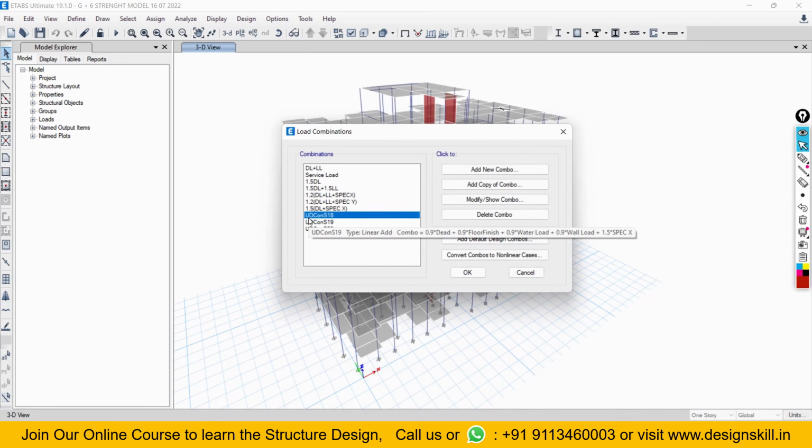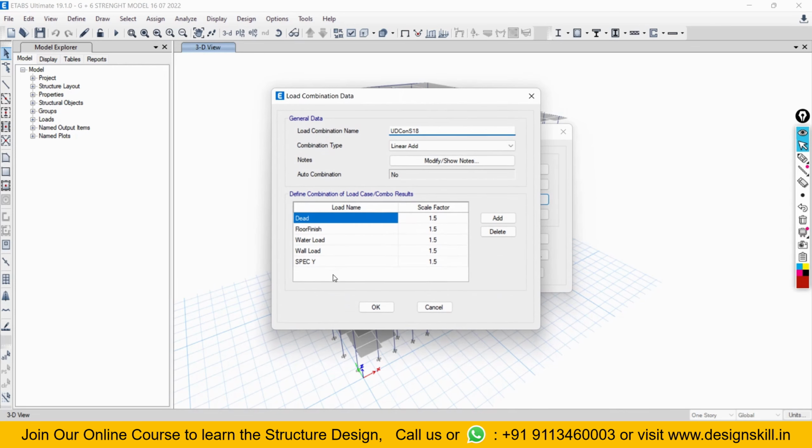Again you select UDCON S18 and modify this. This consists of a spec y with 1.5 as a load factor, so 1.5, give the bracket sign, give the dead load, plus sign, then a spec y will come, and you close the bracket. You can see that a spec y is there.